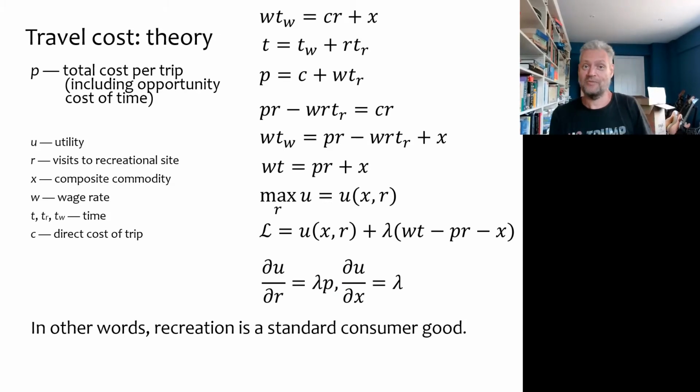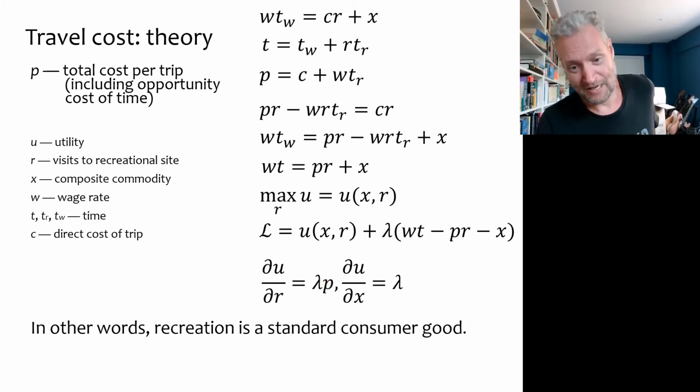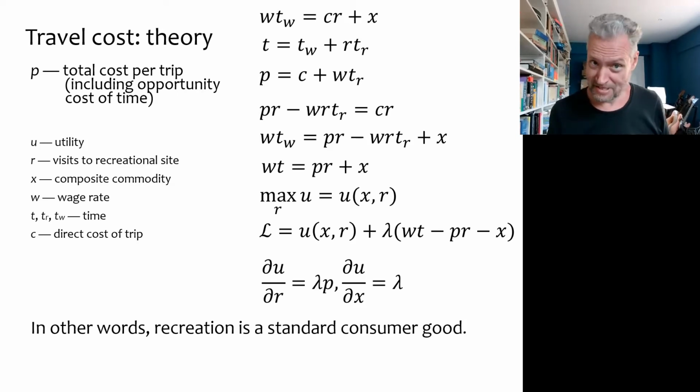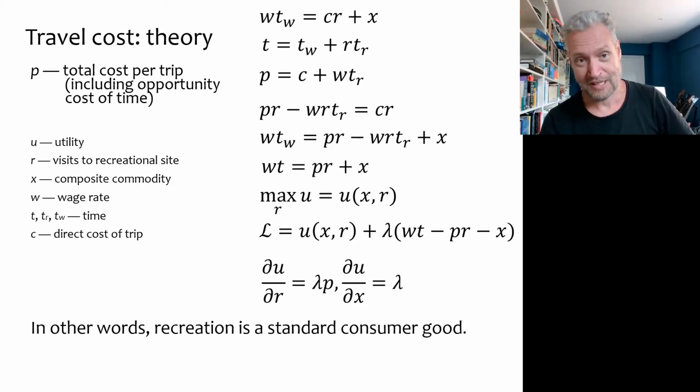So essentially what we do here is show that recreation is just a standard consumer good, and the ratio of marginal utilities of recreational consumption relative to other consumption is just the relative price of that, because if you divide these two, then lambda drops out, and we just have the relative price of recreation. So this fits your standard micro theory about demand. There's nothing special going on here.